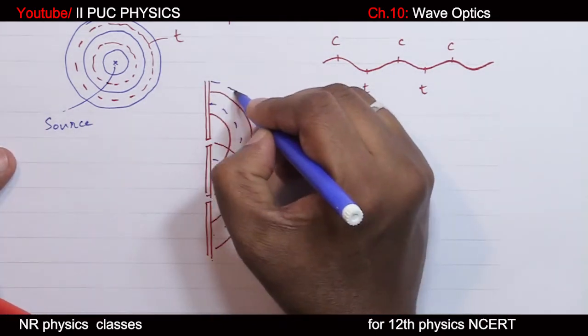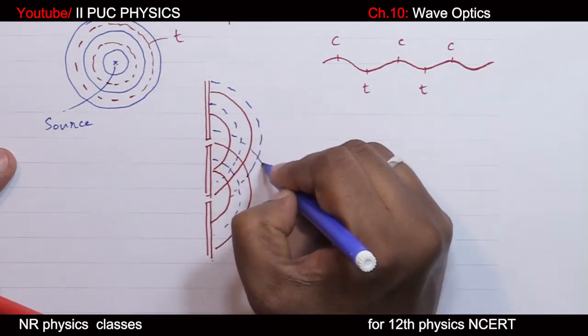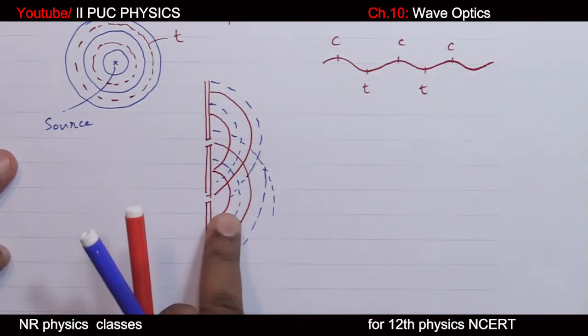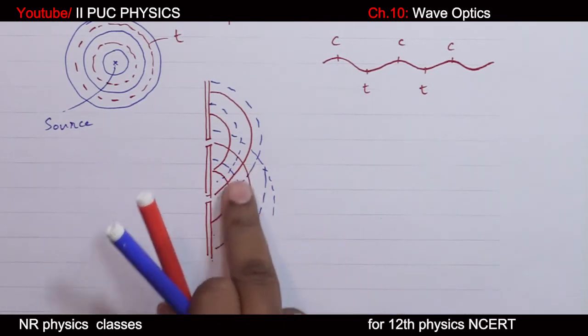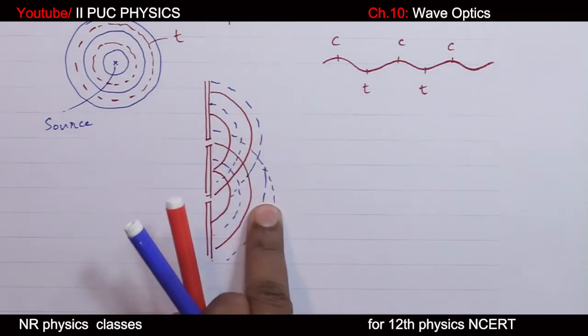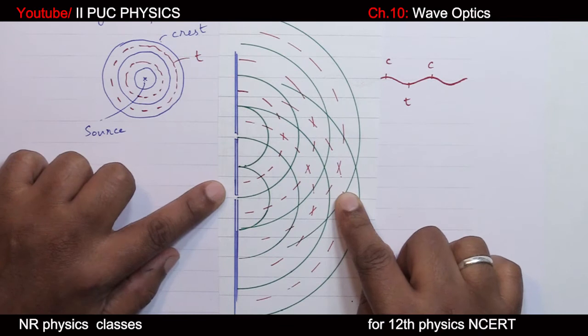Then dotted line, trough points. Here also trough points. Students, I hope you understood at least little bit. If I continue to draw crest waves and trough waves, then the pattern looks like this.